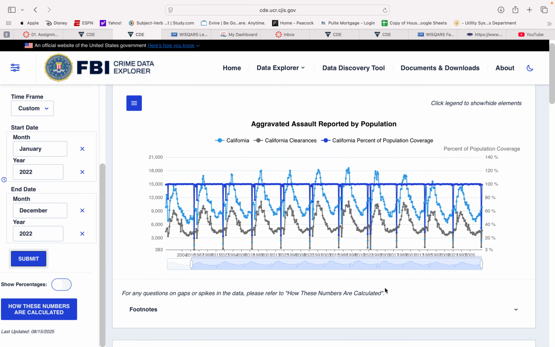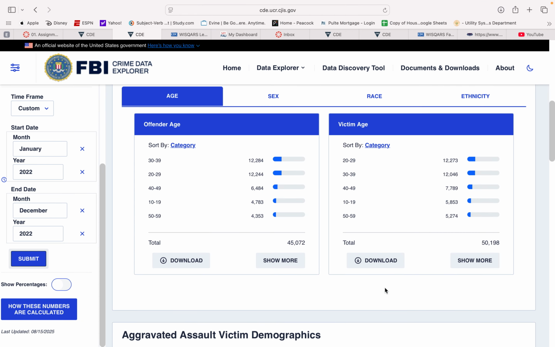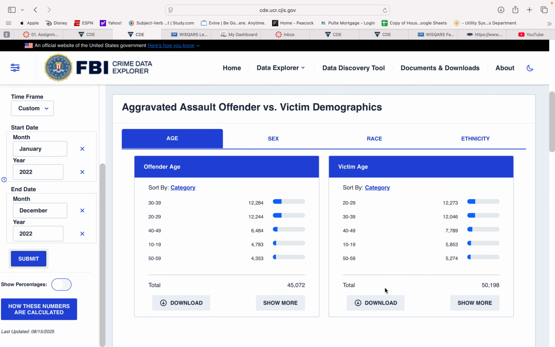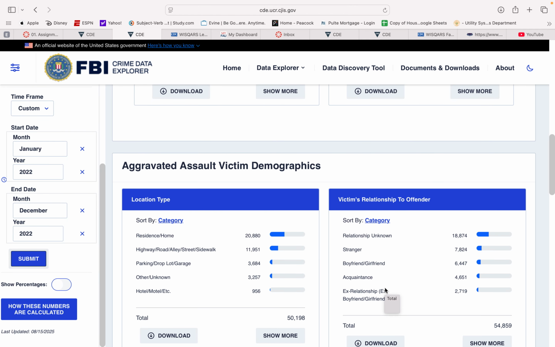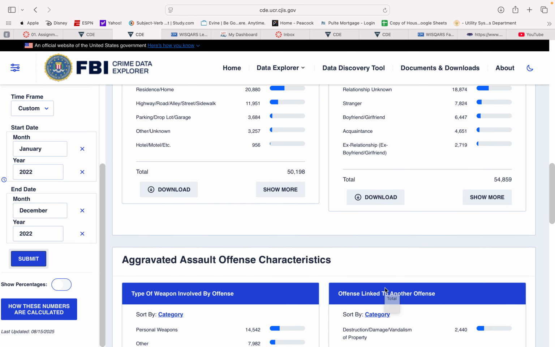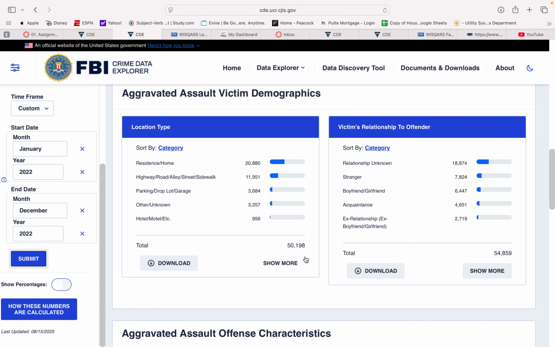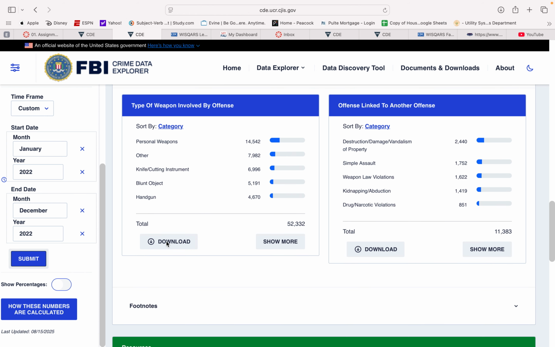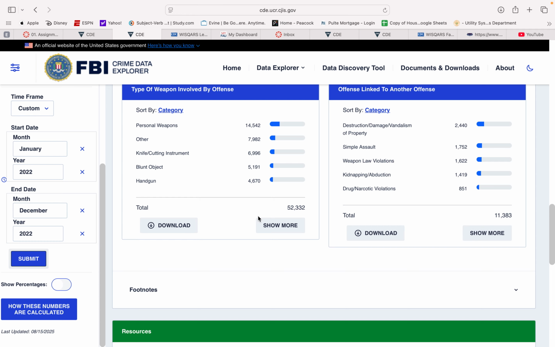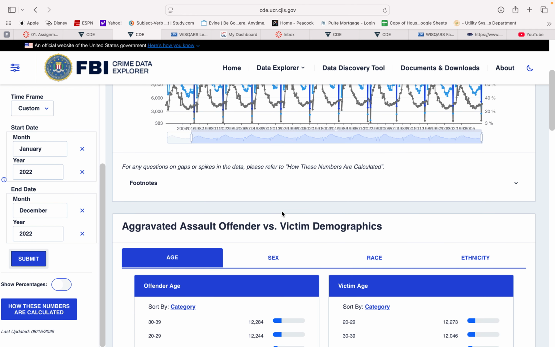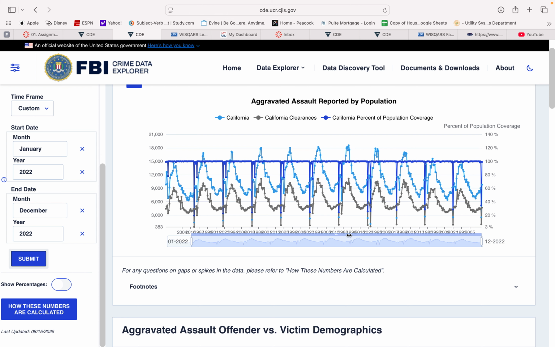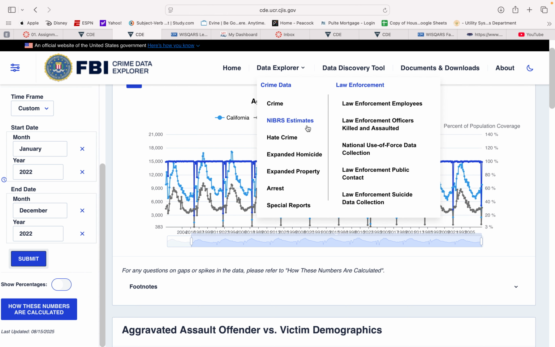As you can see, the total by age gives you the total for the year of 2022. As you can see, we have 50,000. This is the location where it happened. Residence, highway, everything's in here for you to see. And as you can see, it's 52,000. And yeah, that's about it.